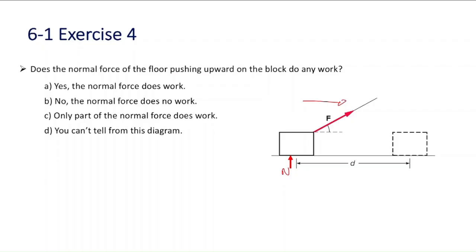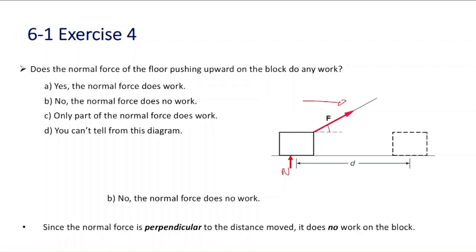The answer is B. The normal force does no work. Why? Because work depends on the part of the force that acts along the direction of motion. Here the normal force points up, but the block moves sideways. So the force is perpendicular to the motion, and no work is done, right?